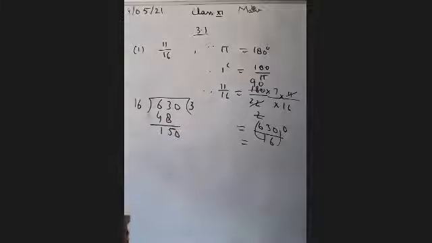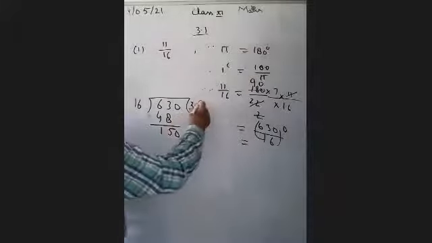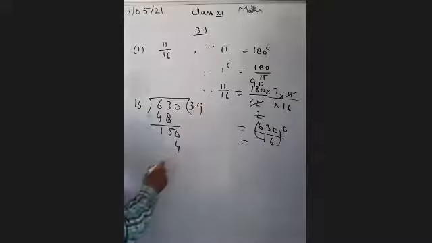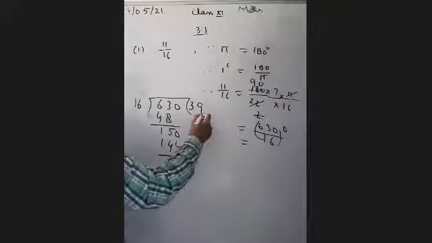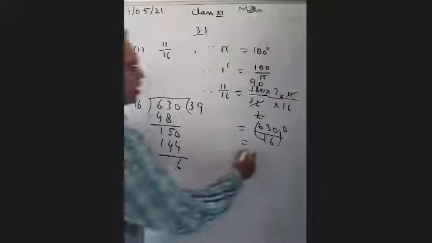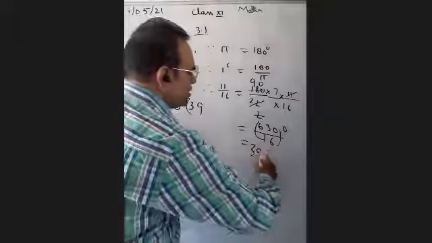Or 16 9s are 144. Now this 6 is the remainder. So now you have completed 39 degree.